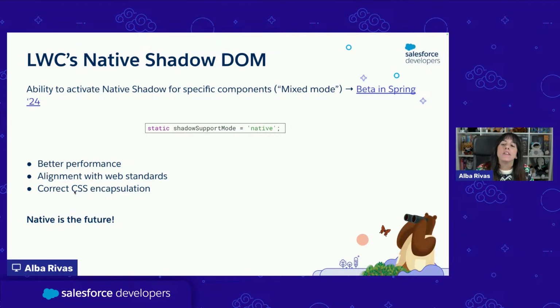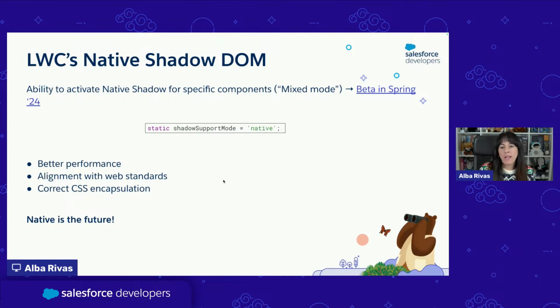And your CSS is going to be correctly encapsulated, okay? Which is the most important point to remember, because when I talk about Light DOM, we are going to make a reference to this. So native shadow DOM is the future, and if you have the chance to start working with it, I recommend you doing it.